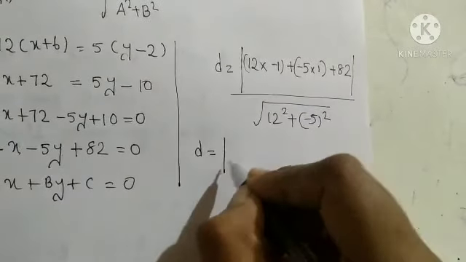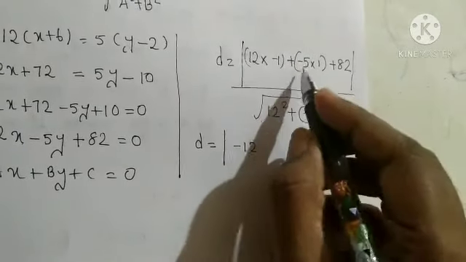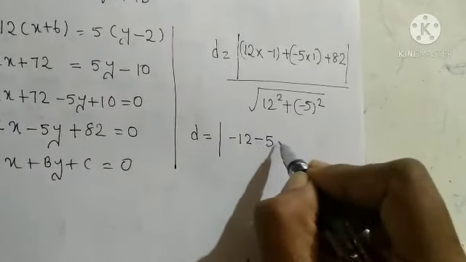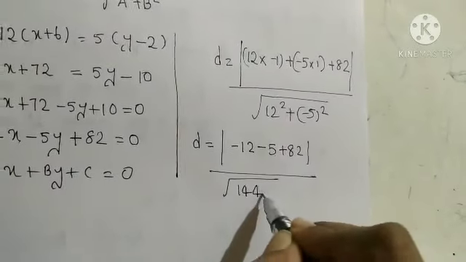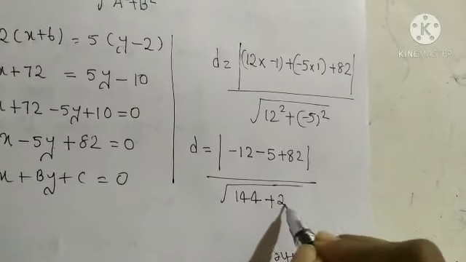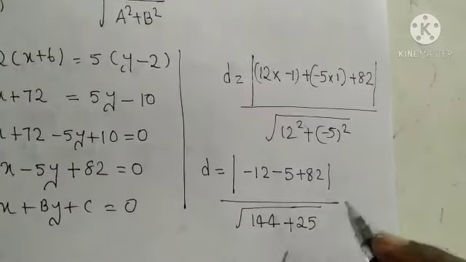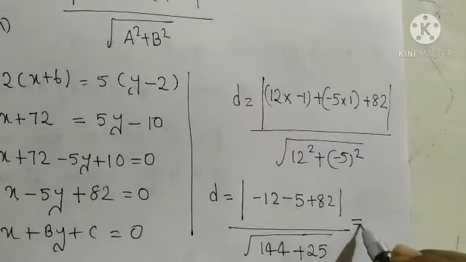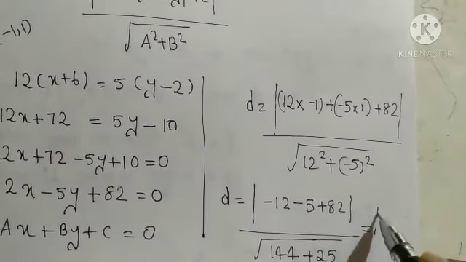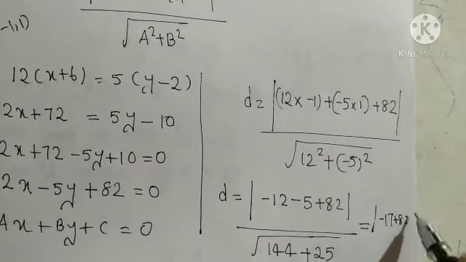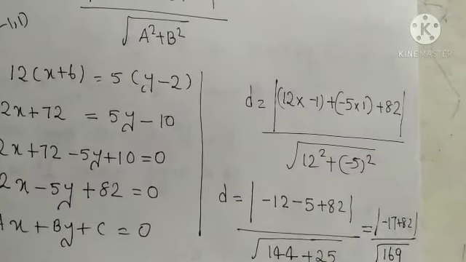we get the value of D as mod minus 12 into minus 1 will become minus 12. Minus 5 into 1 will become minus 5 plus 82 whole divided by root of 144 plus 5 square is 25. Okay, so here we get 82 minus 12 minus 5 will become minus 17 plus 82 divided by root of 169.